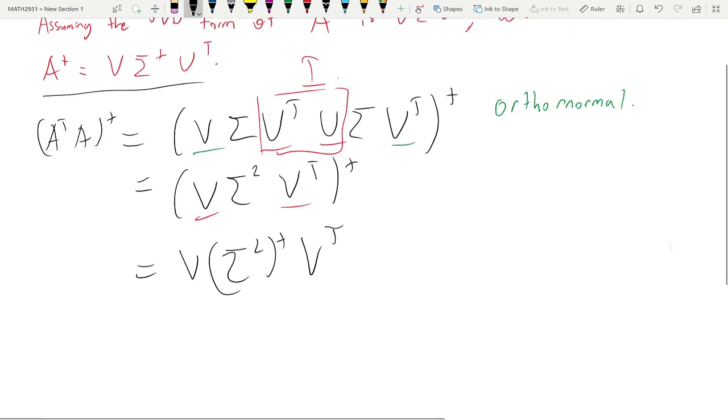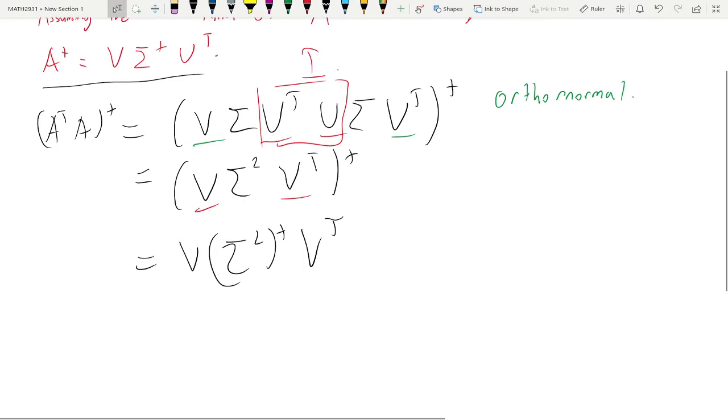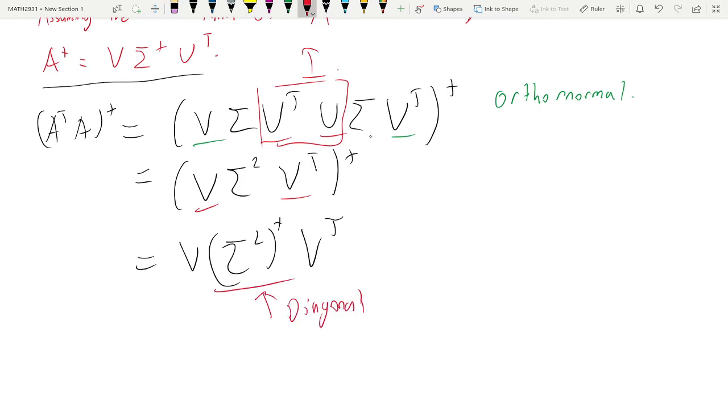Now, the question is, what is sigma squared? Well, the pseudo-inverse of sigma squared. Over here, you need to realize that sigma squared is a diagonal matrix. It's not necessarily full rank, but the only non-zero terms are along the diagonal, right?